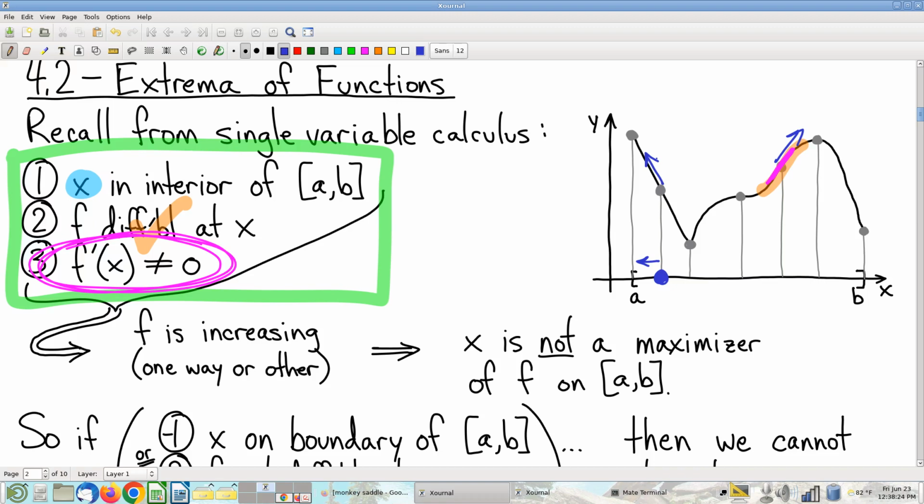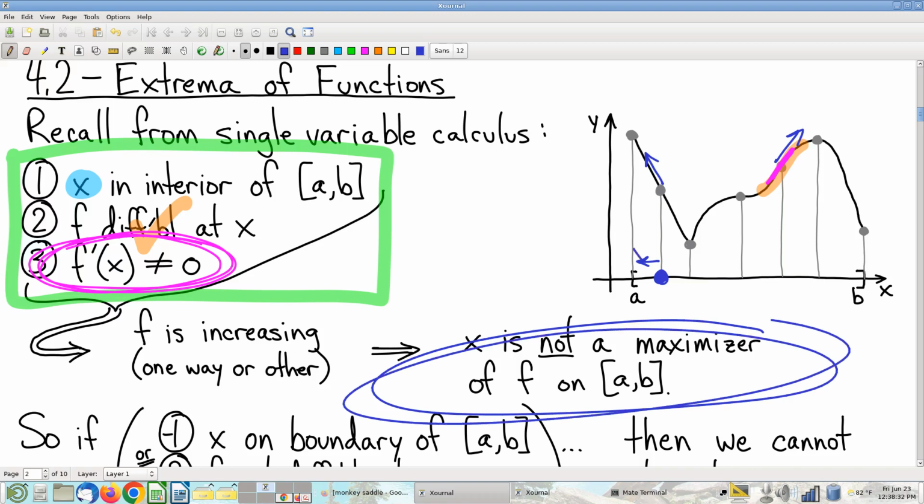Point is, if the derivative is non-zero, one way or the other, the function is increasing, and therefore this could not possibly be the point we're looking for. So that point there is definitely not a maximizer. Is everybody cool?